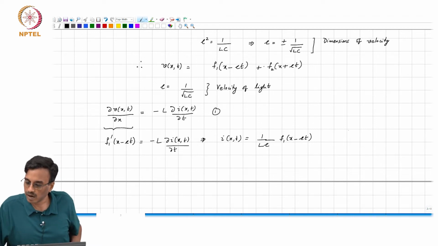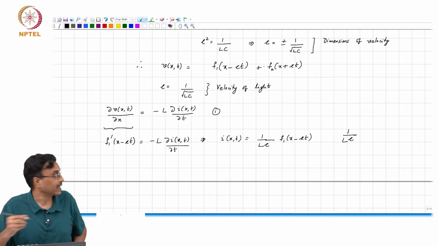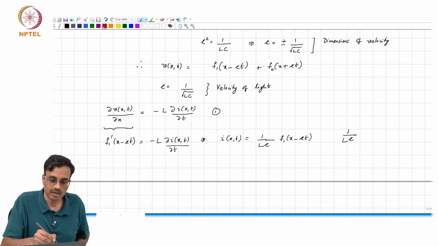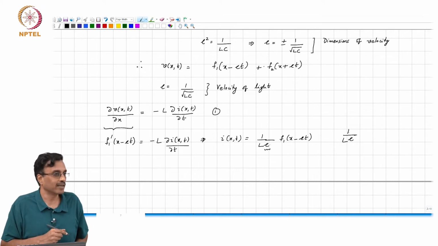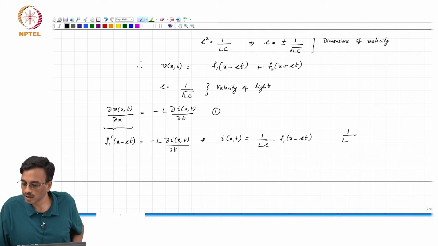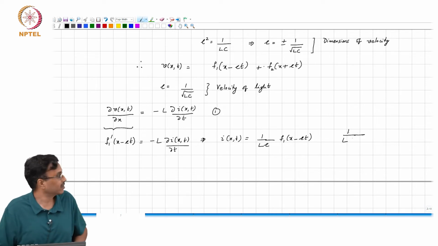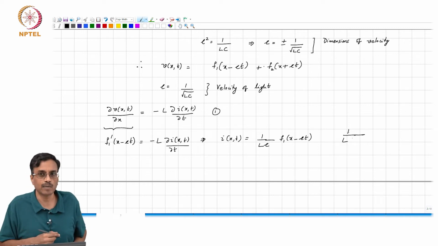Now, this 1 by L, again I would like to warn you that this C is not the capacitance, it is the velocity of light. And before we get confused any further, let us replace C with the formula that we already derived. What is C in terms of L and C?